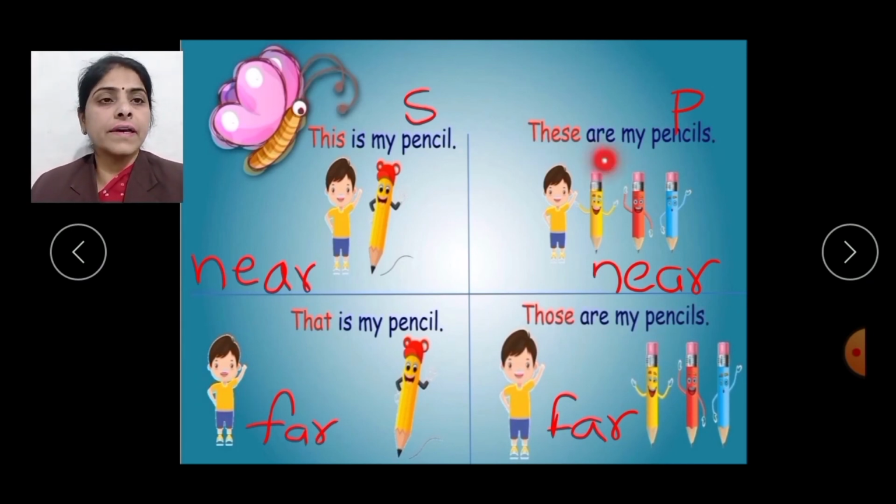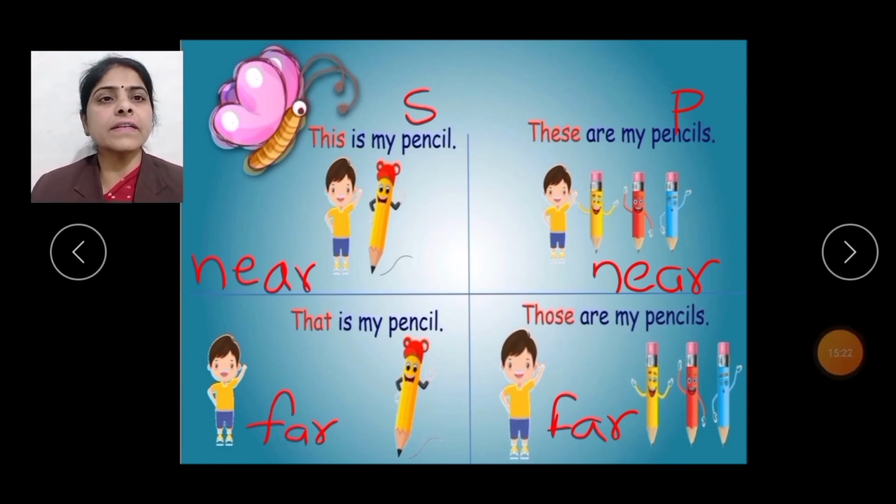And here these is used for specific plural object which is near, while those is used for specific plural object that is far.